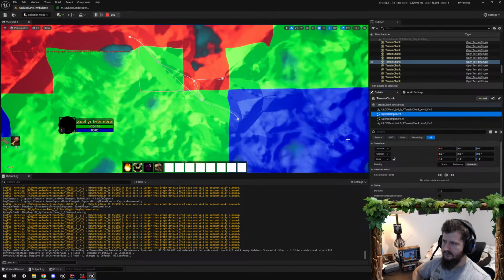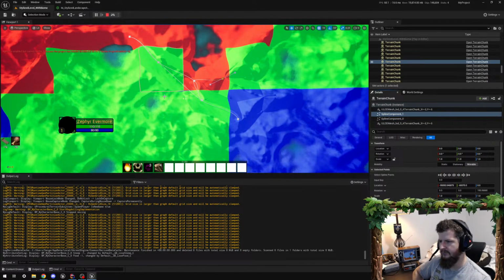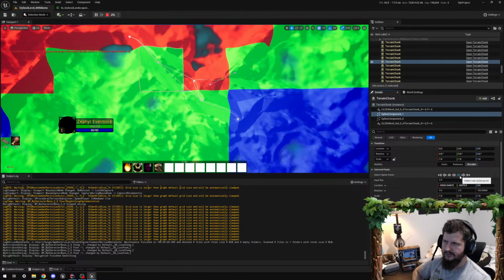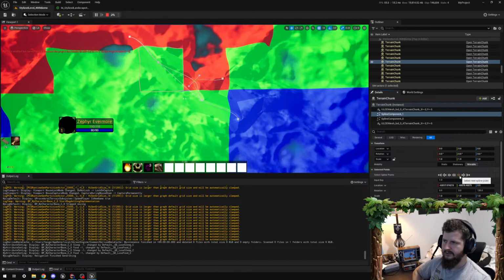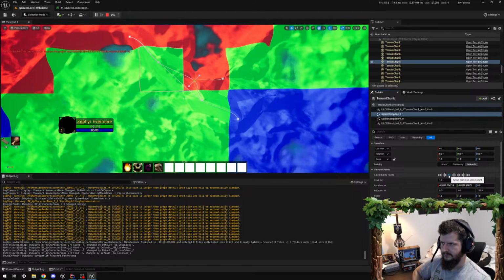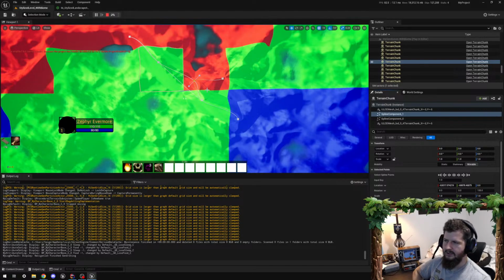Now, why do I have a second spline point here? Okay, it's so we get one for each biome. So we go from here to there to there. So I'm going boom, boom, boom, which is not the correct order.